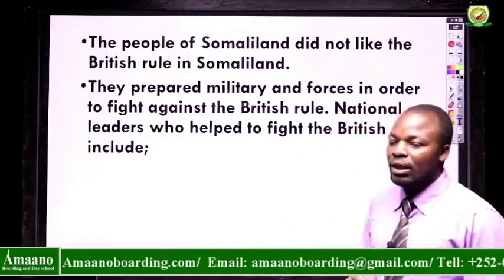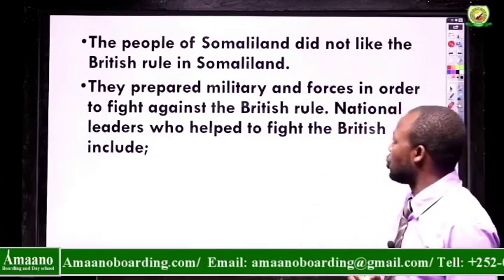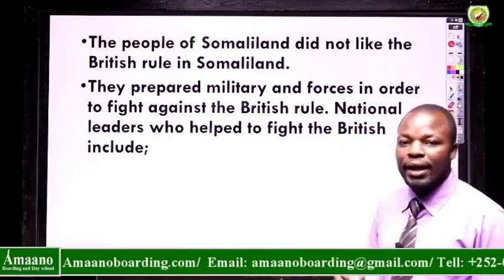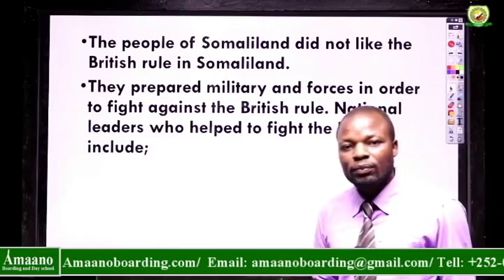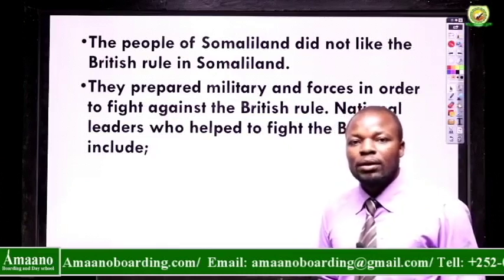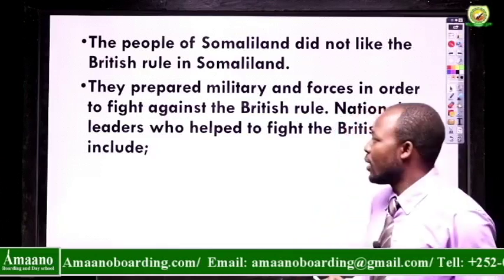Now, they prepared military and forces in order to fight against the British rule. How did they prepare the military? Because they had their own army actually, but this army were not well equipped. Some of them had learned how to shoot, very few people who had participated sometimes in previous wars.